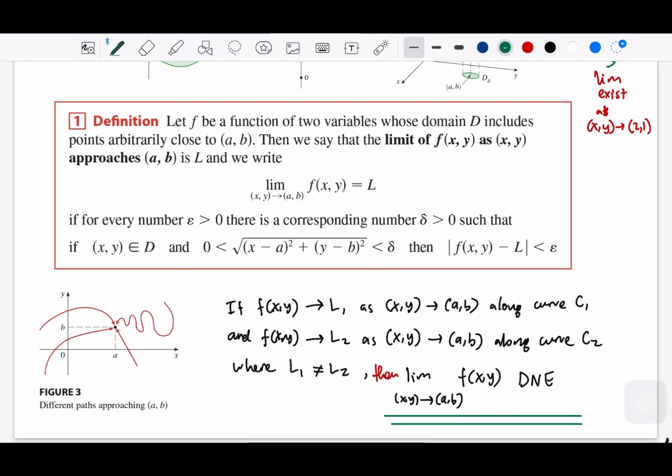Either y equals 0, x equals 0, y equals x, or even y equals square root of x, y equals x squared, any curves that are simple enough to substitute into the equations, and you can solve and prove that it has some value as the result. So if you check C1 and C2 and you prove that we have different values, which means that the limit does not exist. But if it's consistent, the same value all the time, then the limit exists.